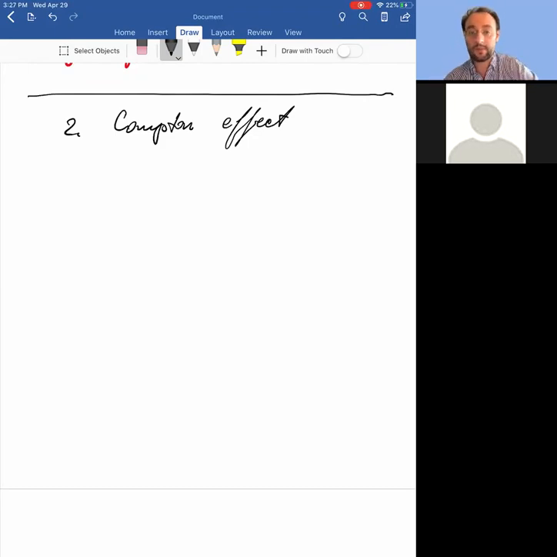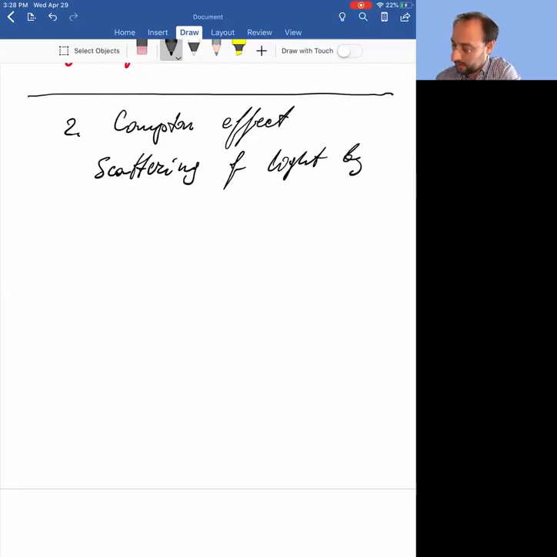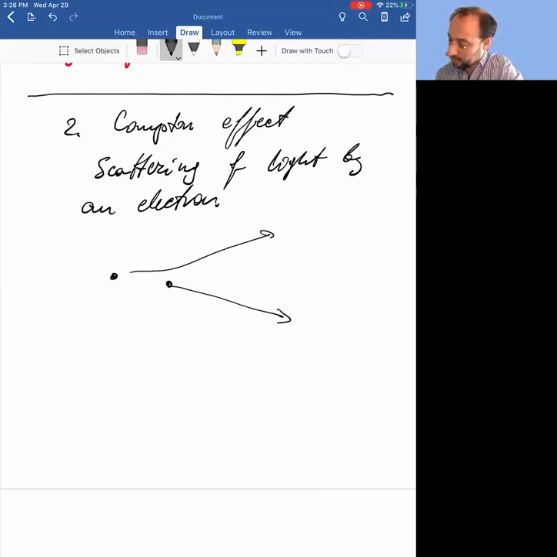Okay, so what is this experiment about? It's about scattering of light by an electron. If we had two particles, if we had scattering of an electron by an electron, you would have particle 1 and particle 2, and this particle goes like this, and this particle would go like that, right?